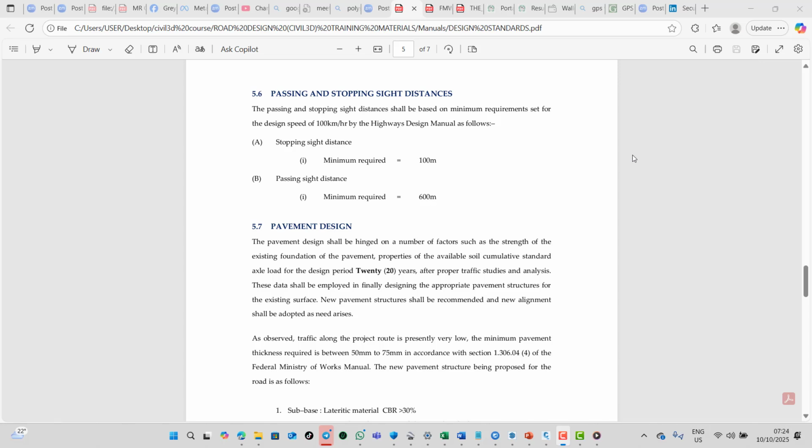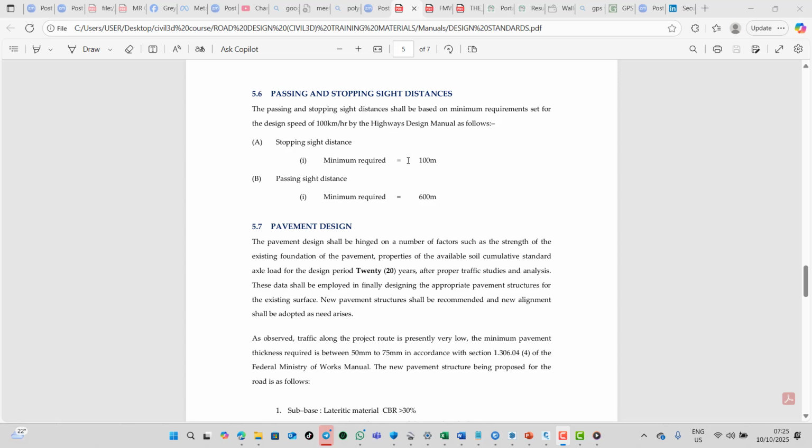On this sight distance, they also vary based on the K value, right? So for a 100 km/h road, now when you are designing for 60 km/h, it's different. The K, what we call the K value, is also very different.